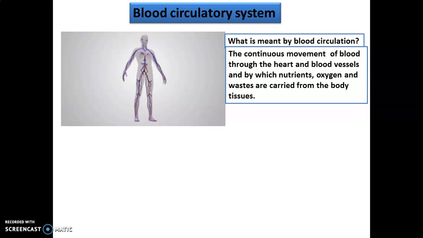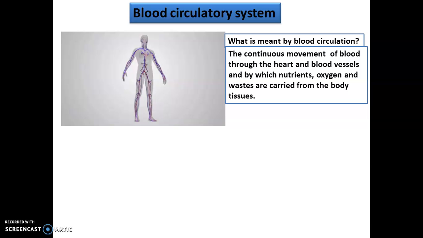It is the continuous movement of blood through the heart and blood vessels, by which nutrients, oxygen and waste are carried from the body tissue. So what is the use of this circulation?